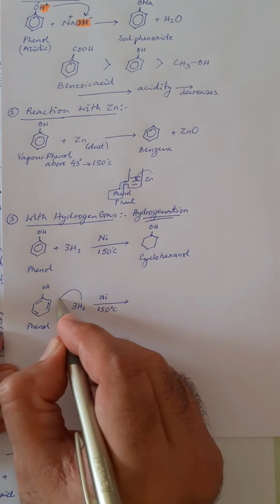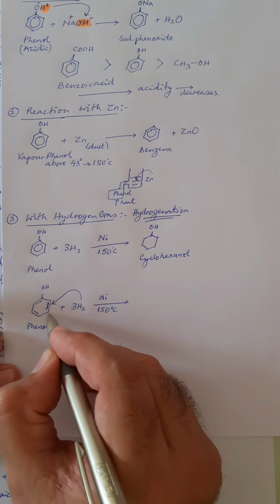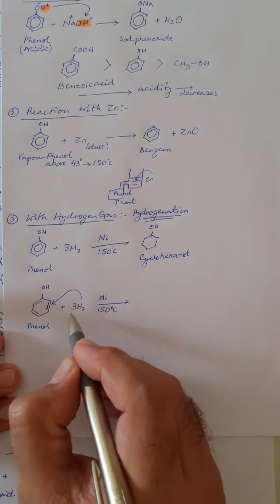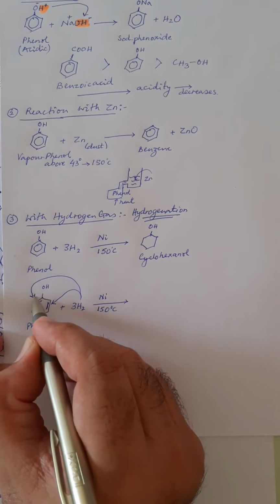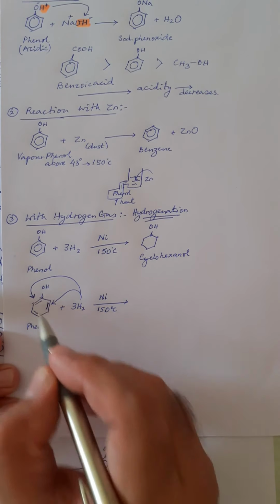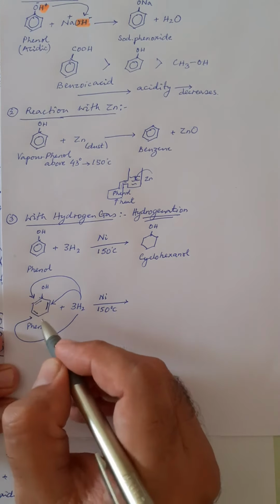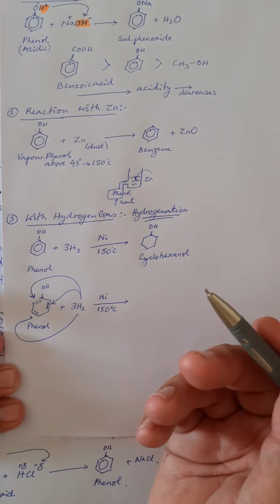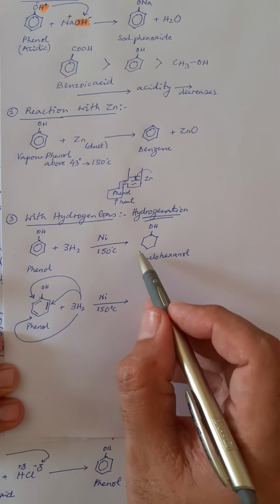So they will attack these pi bonds, and this pi bond will break, and two hydrogens will be added here. And there will be an attack on, let's say, this pi bond. This pi bond will break, and the 2H will add, one here, one here. And at this pi bond, all pi bonds will convert into single bonds, and you will have this one structure.